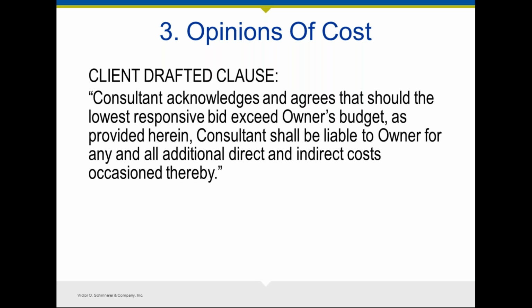So your responsibility normally is to be responsible for damages due to your negligence in the performance of services. The direct and indirect costs occasioned thereby has no tie to your negligence. This is solely a business risk that the owner has and should stay with the owner because they're the one benefiting from the facility.